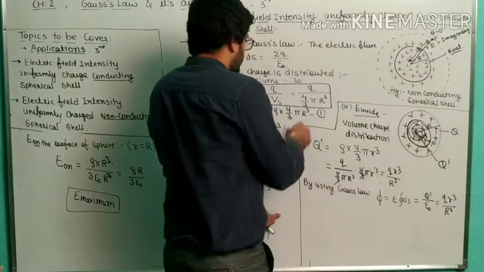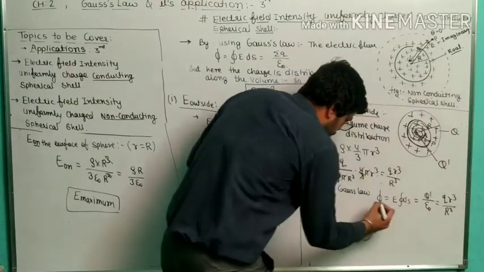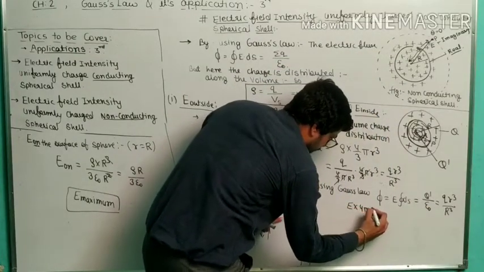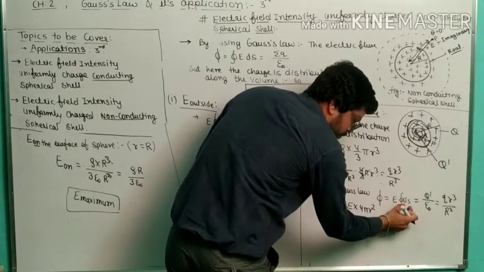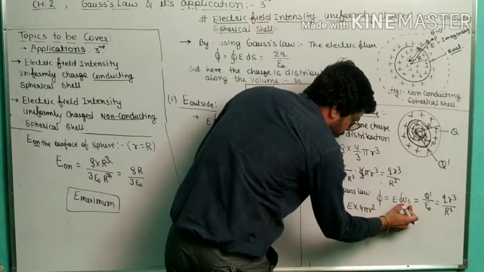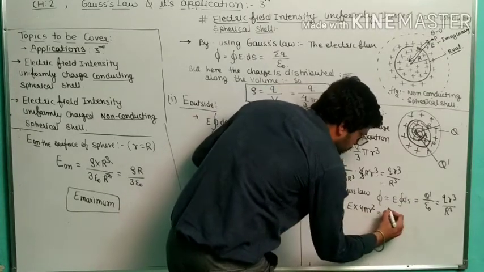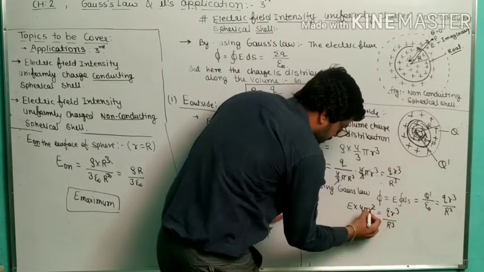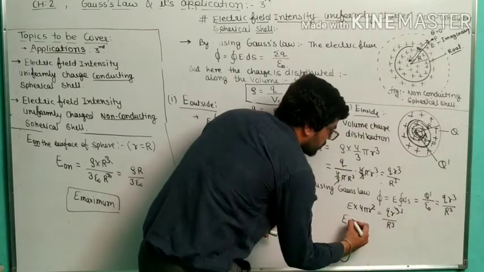So now E into 4 pi r square, the total surface area of the sphere is 4 pi r square, and Q r cube divided by R cube. So of this r square, only one r is remaining now.